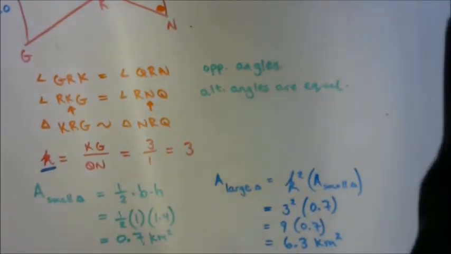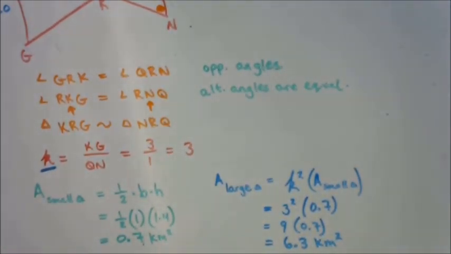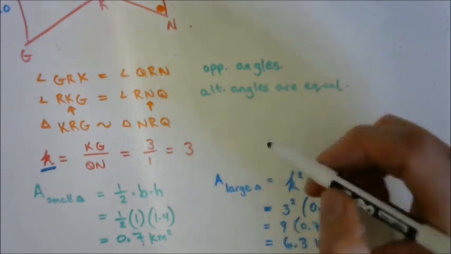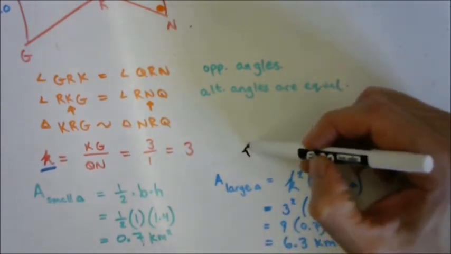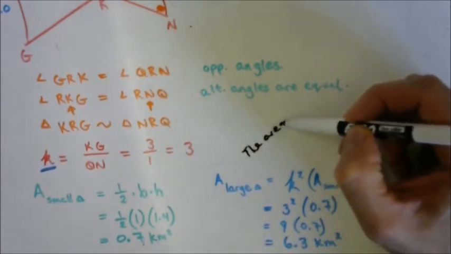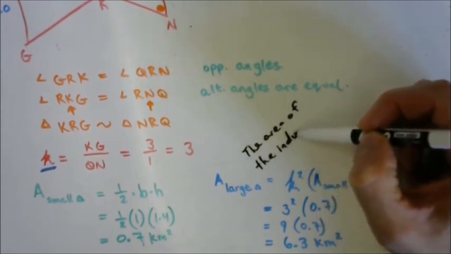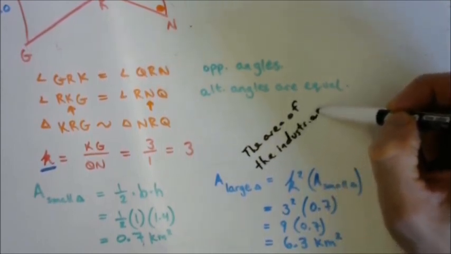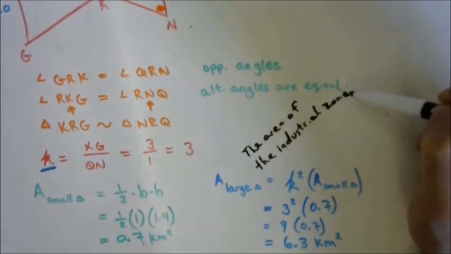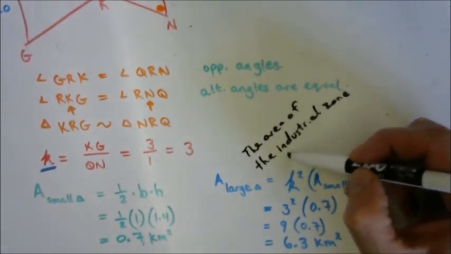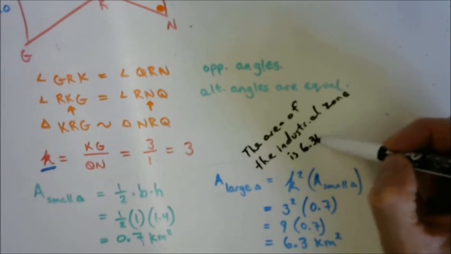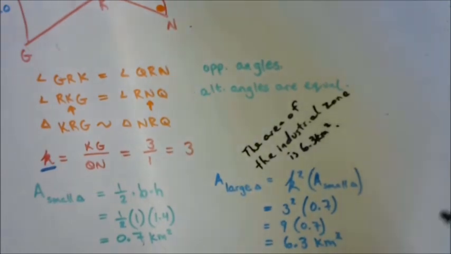Now I've run out of space at the bottom, but you would add a final sentence which says the area of the industrial zone is 6.3 kilometers squared.